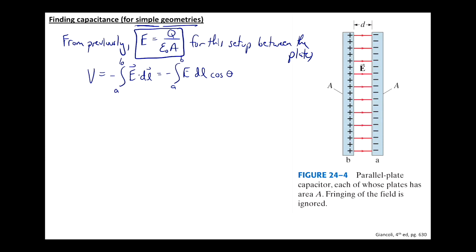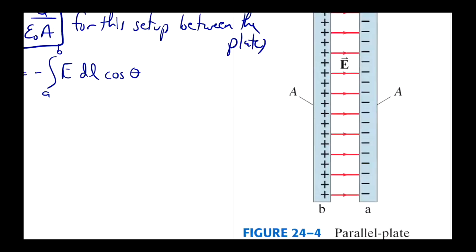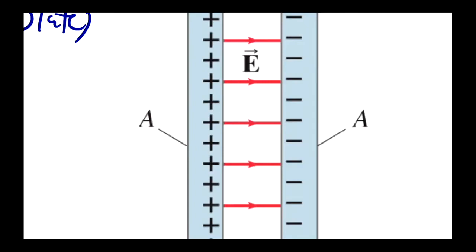Where's dl in this equation if I'm integrating from right to left? I'm going to start drawing things. You might imagine something like this: dl, dl, dl, dl, dl.